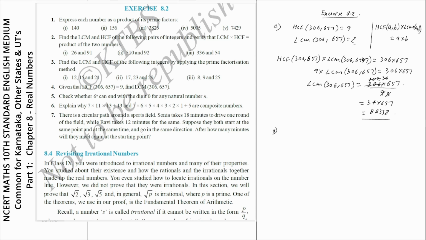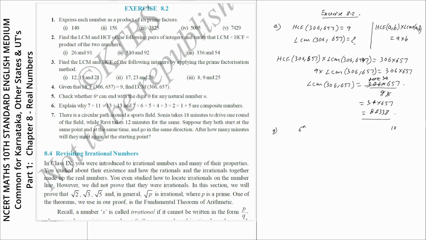Exercise 8.2, question number 5. Check whether 6 to the power of n can end with the digit 0 for any natural number. So given number is 6 to the power of n. See, for any number to end with 0, it will be divisible by 2, and it will also be divisible by 5.